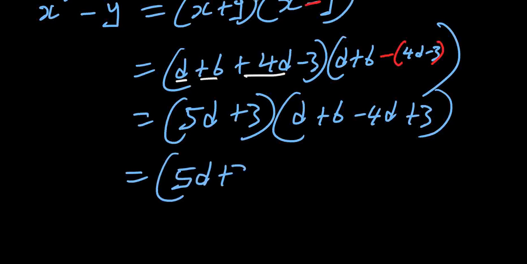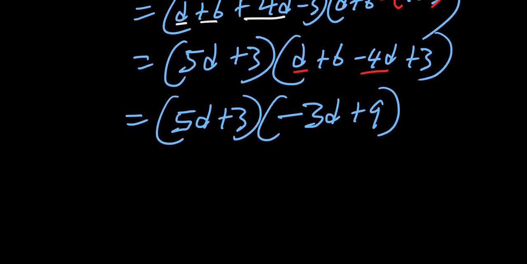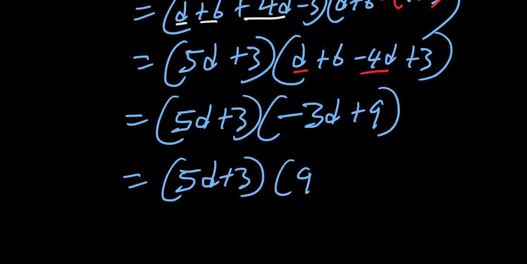Five d plus 3. So now d minus 4d is negative 3d, and then plus 6 plus 3 is plus 9. So this would be 5d plus 3, and we can allow the positive number to come first, 9 minus 3d.